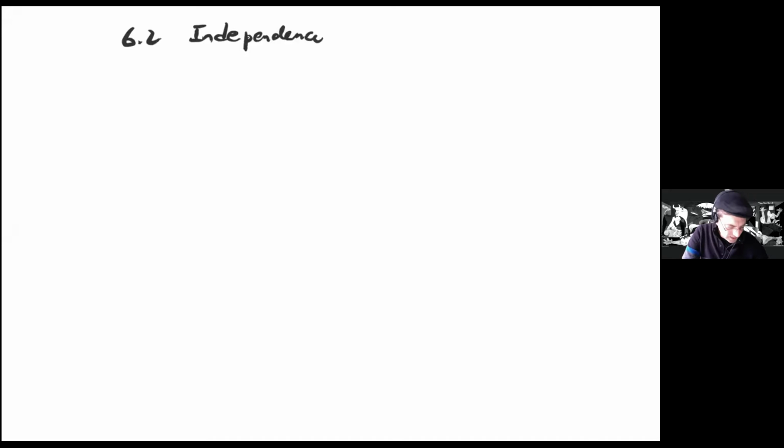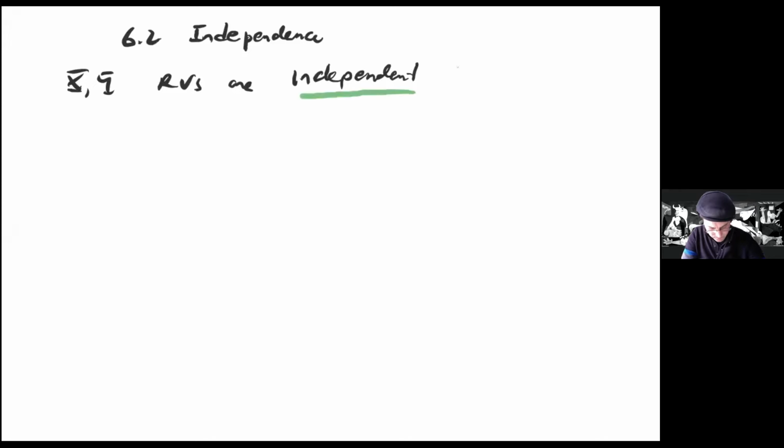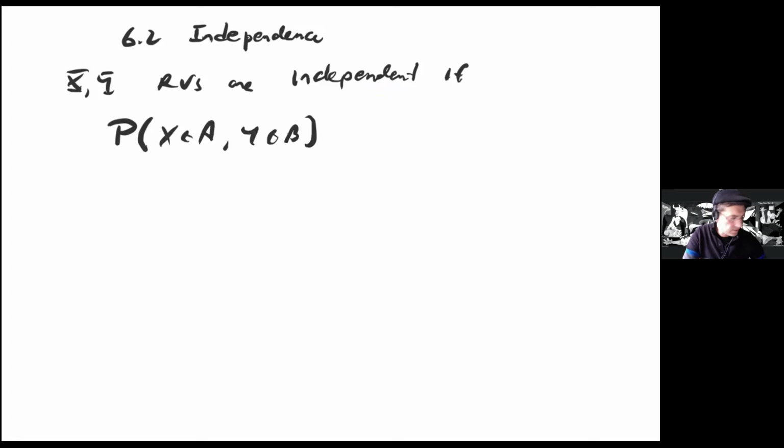So we'll say that x and y, which are random variables, are independent if, when we want to compute the probability that x is in A and y is in B, say, where A and B are subsets of the real numbers, this should be computed separately.